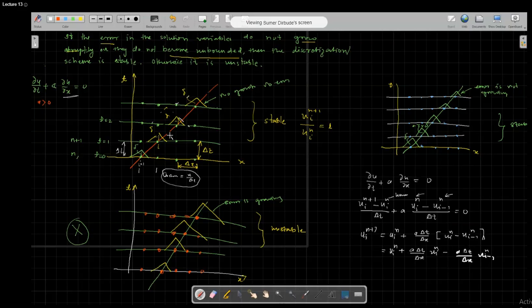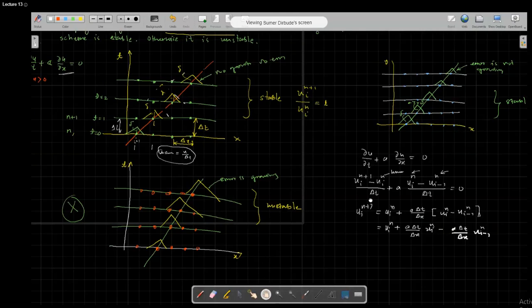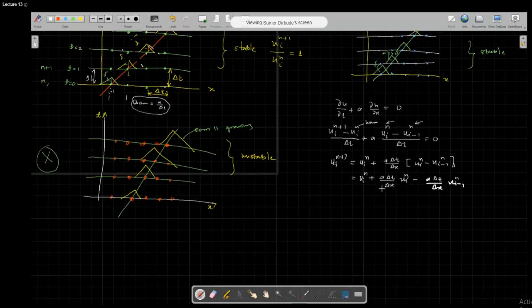Now, as per this condition, what do we want? Our solution should be moving from this I minus 1 to I, and that can come only when these particular coefficients become 1. Suppose this becomes 1, then I get ui n minus ui n plus ui minus 1 n.